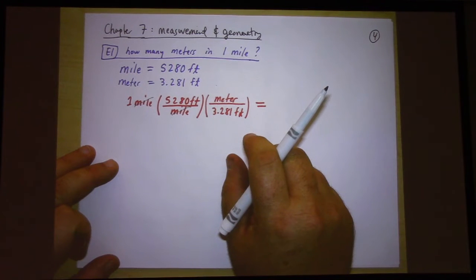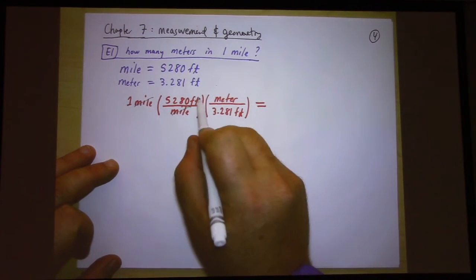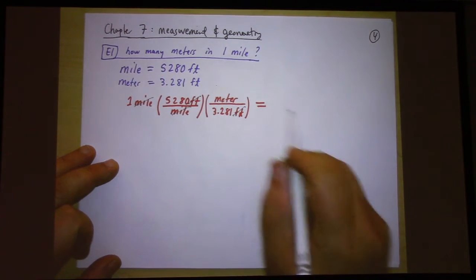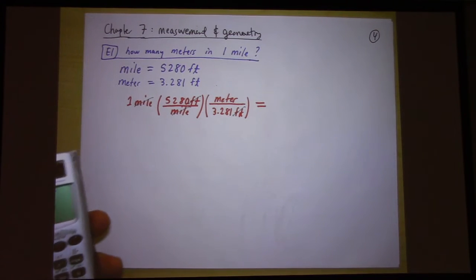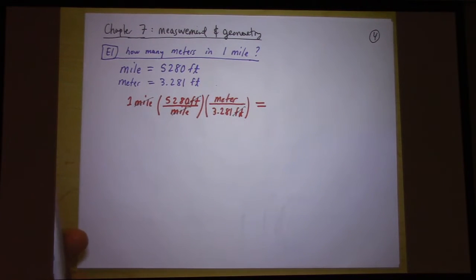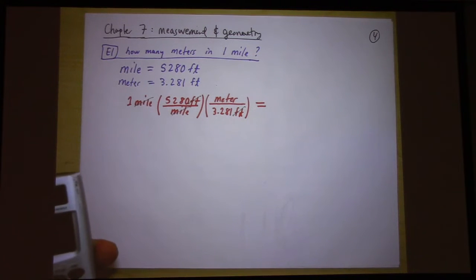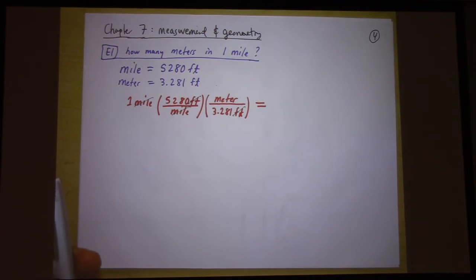The miles cancel, the feet cancel, and I just need to get out my calculator, and we can figure it out. So 5,280 divided by 3.281. What do we get?